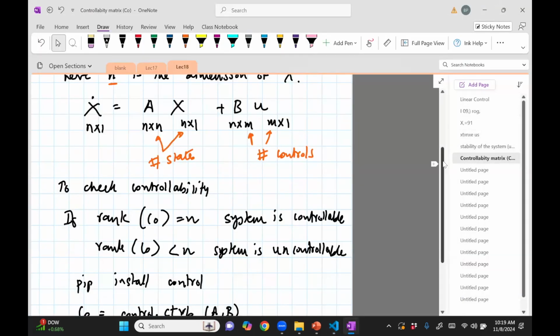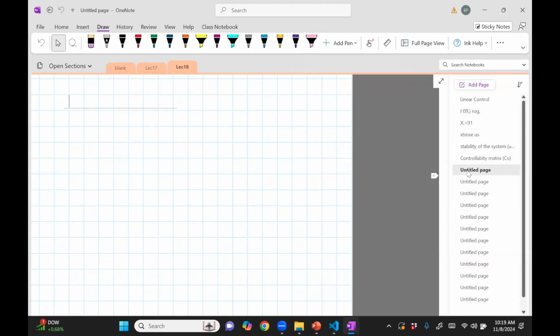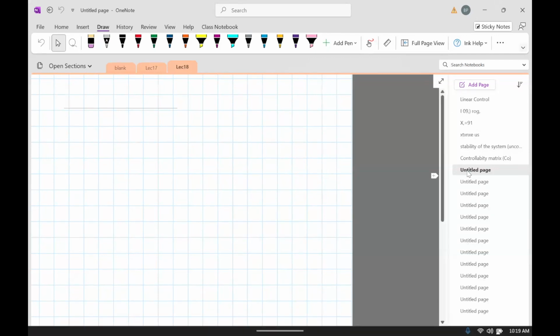So once we have determined the system is controllable, we can do the next part, which is to do the control part.